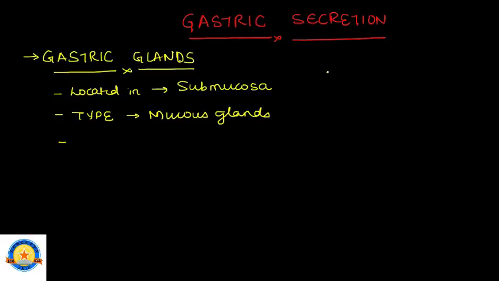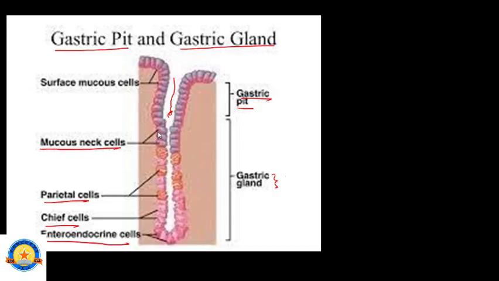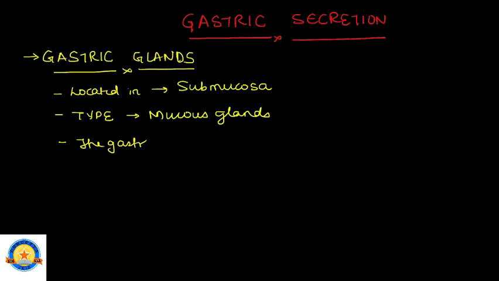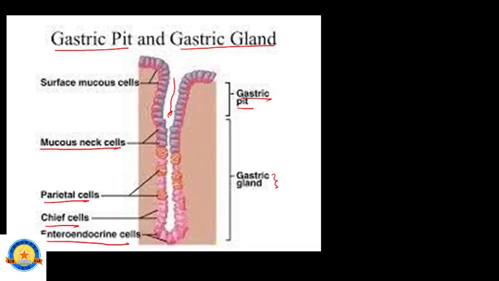How is the gastric pit formed? You saw the gastric pit, there is a particular gastric pit over here. How is it formed? Just follow the cursor. The gastric mucosa folds, and it results in the formation of a pit.